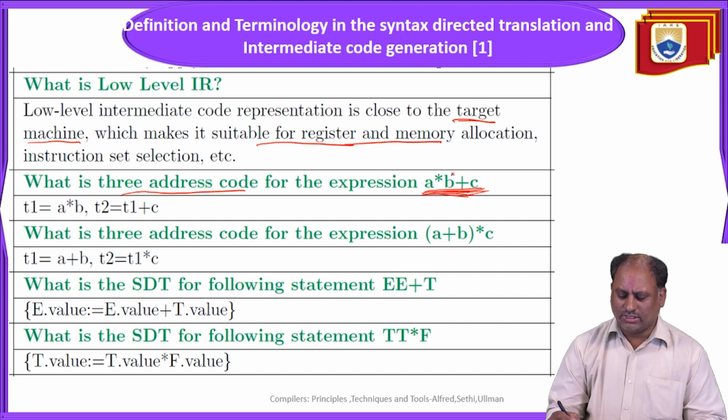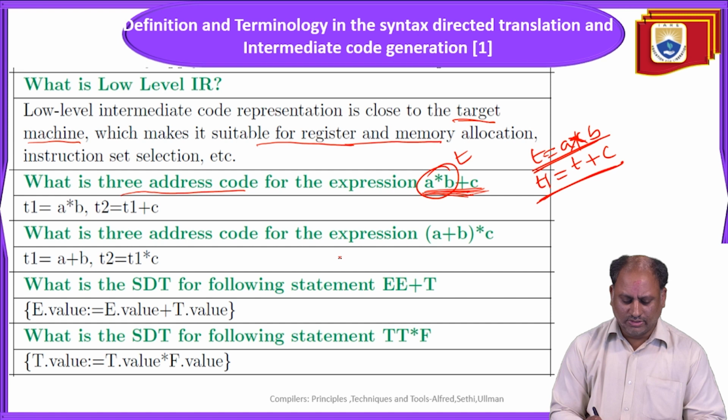So we can represent it with a temporary T, say T equal to A star B, and this T can be used in the other expression with the plus C, and we get another T1. So T1 equal to T plus C, T equal to A star B. These are the two assignment expressions which are used for the representation of 3 address code.